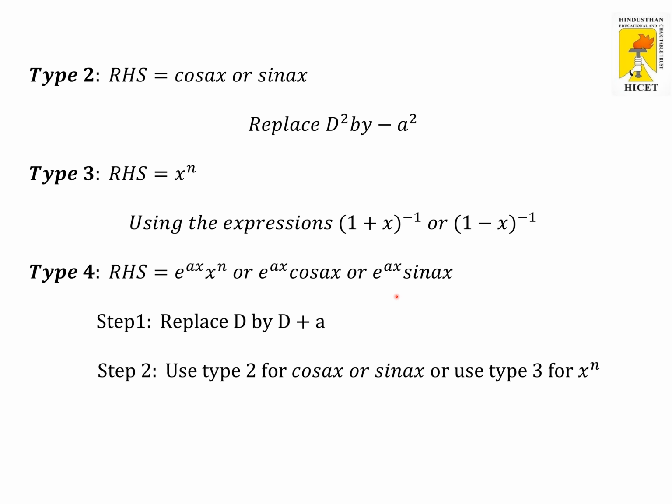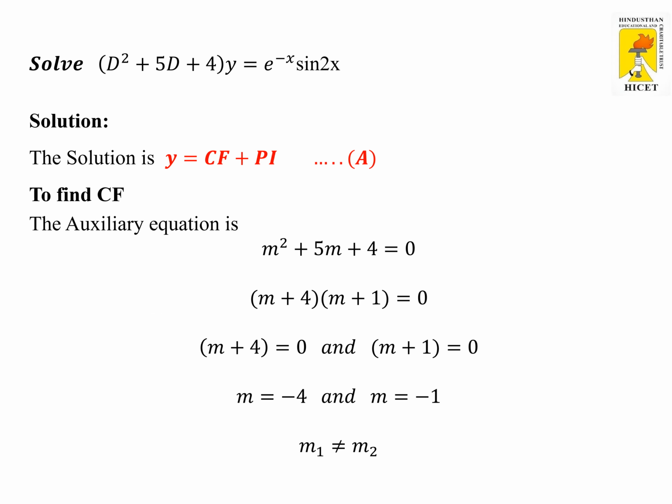In step 1, first replace D by D plus a. Then we consider only the term x^n or cos ax or sin ax. Then we can use either type 2 or type 3 for finding the particular integral.